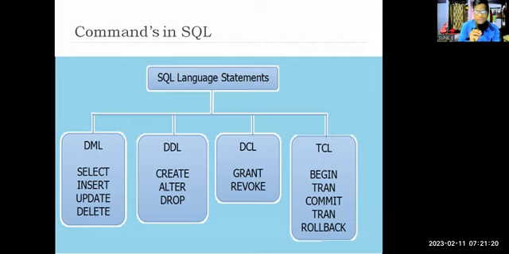Next, transaction control language. In transaction control language we use three: begin, commit, or rollback. Begin transaction, commit transaction, rollback transaction. These are the three statements you use in transaction control language only.